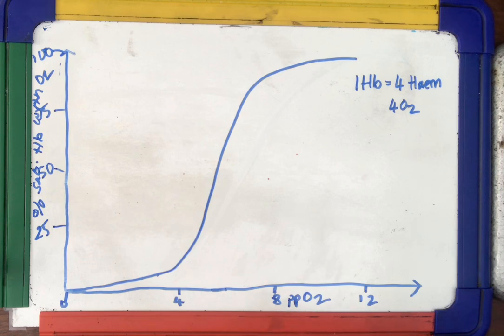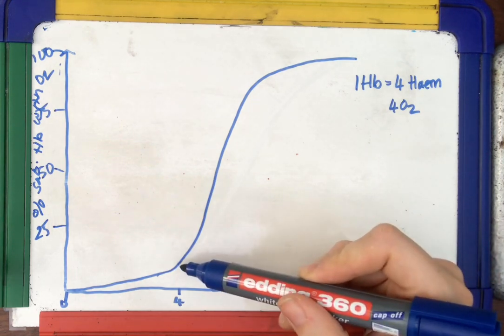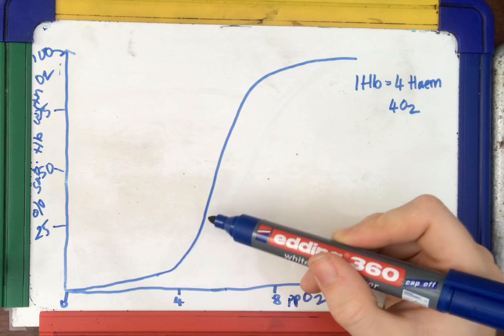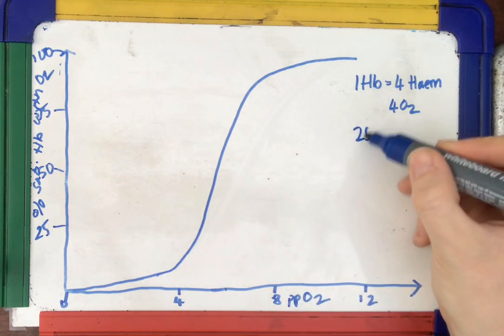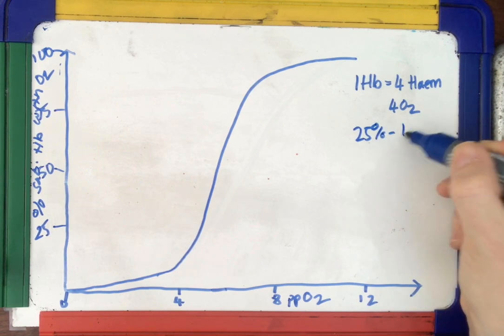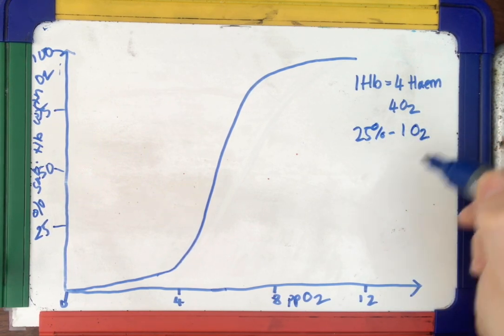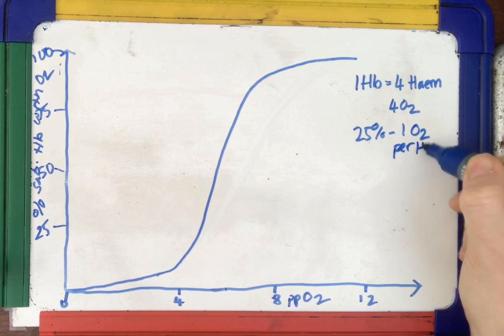Remember how do reactions happen? Particles and molecules are randomly colliding, so when it collides with enough energy it can bind to that heme group, and when it does that it actually changes the shape of the hemoglobin molecule, meaning that it makes it much easier for the next 2 oxygen molecules to bind. You could say at 25% saturated we've got on average one oxygen molecule per hemoglobin.